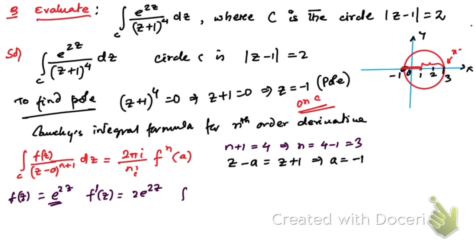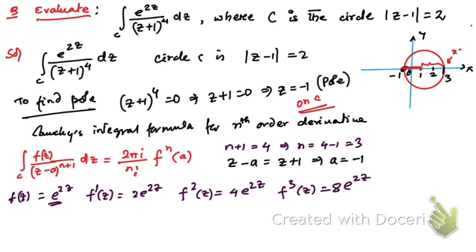Again, if you differentiate it, the second order derivative, you're going to find 4 e to the power 2z. Then if you differentiate it again, the third order derivative, it's going to be equal to 8 e to the power 2z. That's what we're going to have.